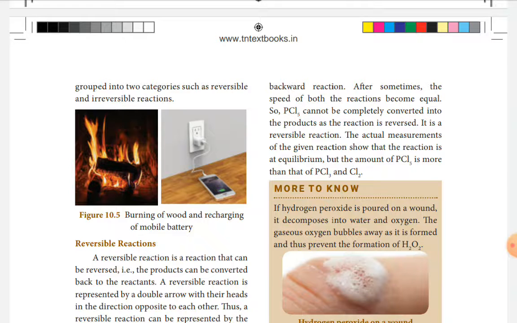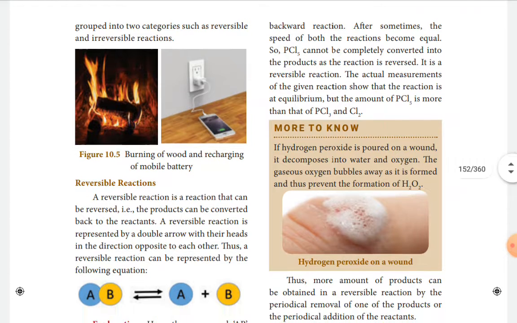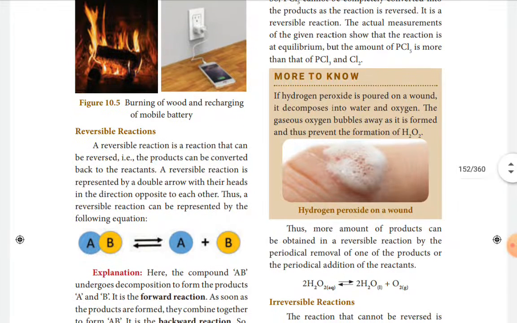And see, if hydrogen peroxide is poured on a wound, it decomposes into water and oxygen. The gaseous oxygen bubbles away as it is formed and thus prevents the formation of hydrogen peroxide. More product can be obtained in a reversible reaction by periodical removal of one of the products or periodical addition of the reactant.